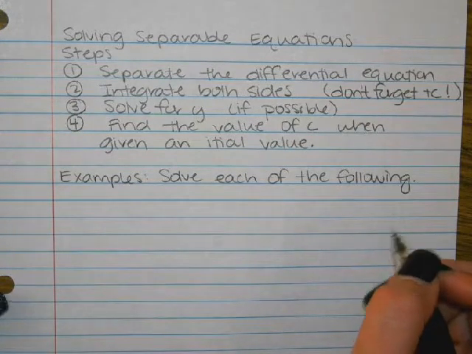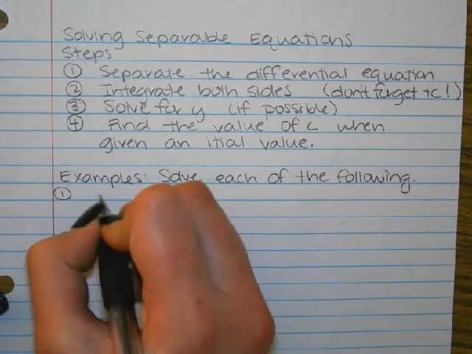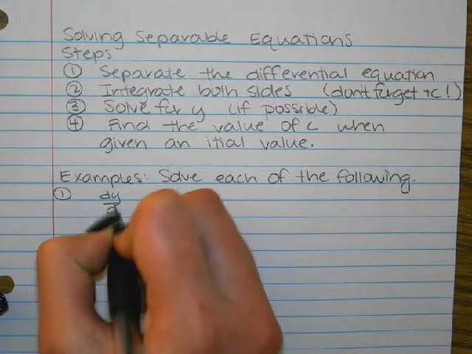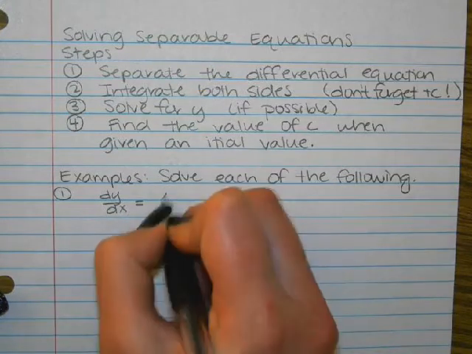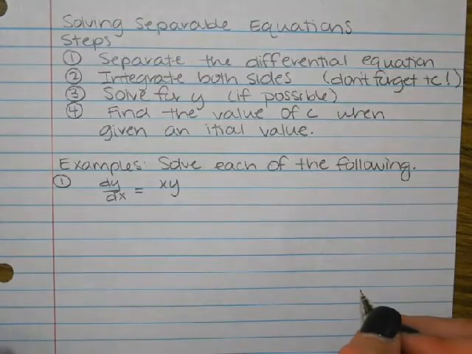Alright, so for the first example, we're going to have dy dx equals x times y. And what would we do to separate that so all the y's end up on one side and all the x's end up on the other side?